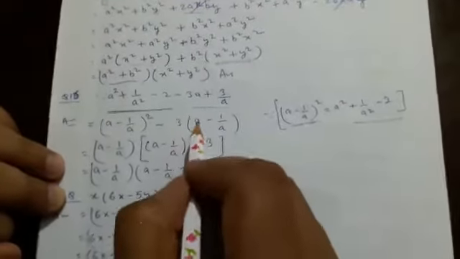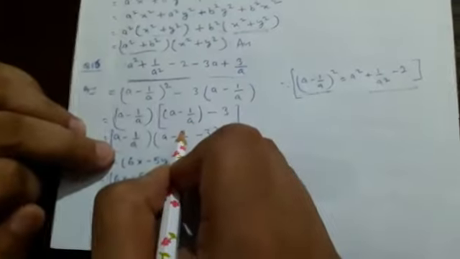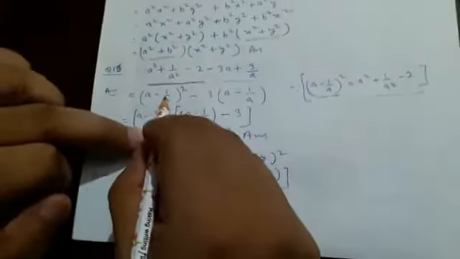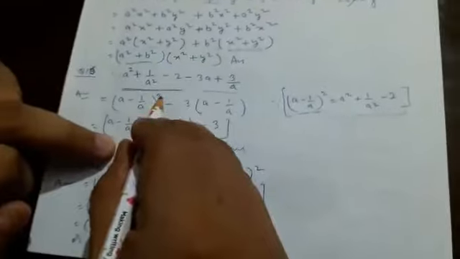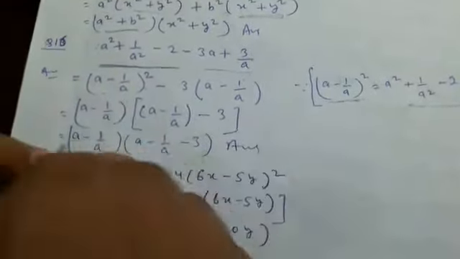So in place of this we can write a minus 1 by a whole square minus, here we will take 3 as common, so a minus 1 by a, so a minus 1 by a common, no, because a minus 1 by a is squared, means it is 2 times. So 1 we have taken as common because here is also a minus 1 by a. Now what will remain here? a minus 1 by a minus 3.